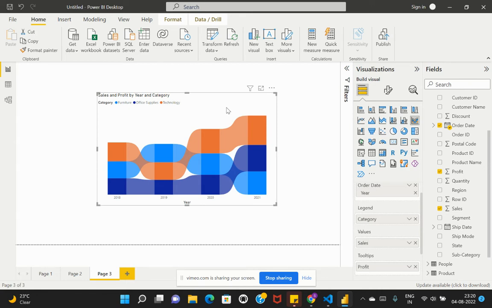Ribbon charts would help us to show which specific data category has got the highest rank, right? If you see here, we have all the values similar to that of your combo chart, like the options to include the fields within this particular chart. So everything seems to be the same.